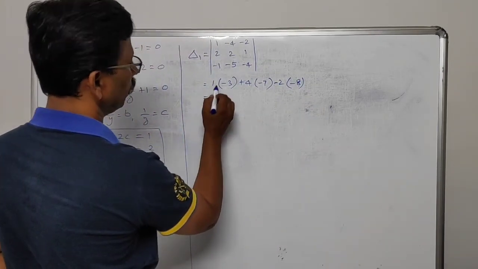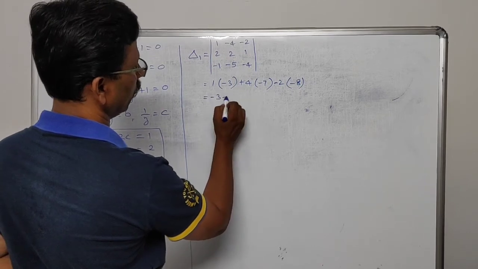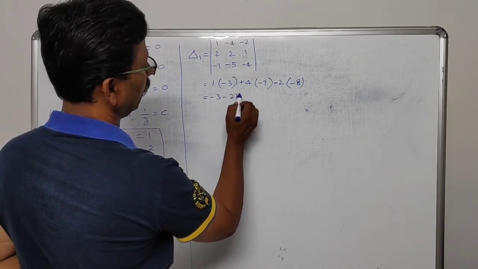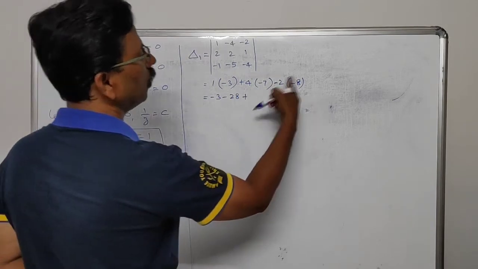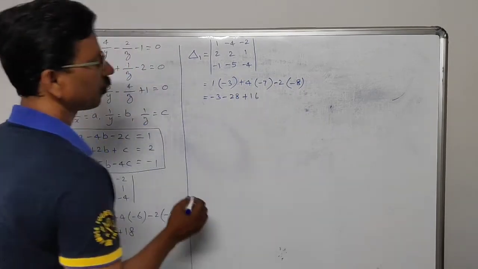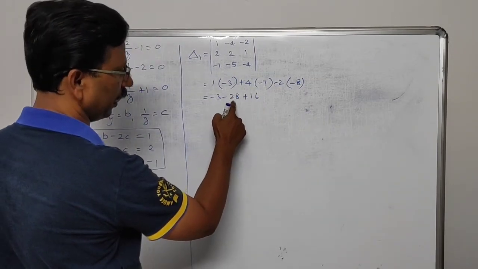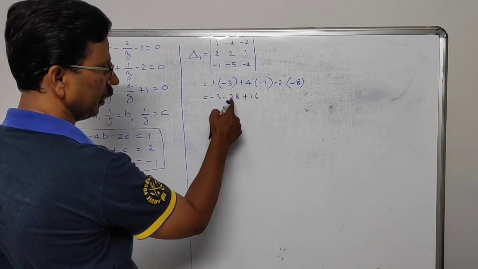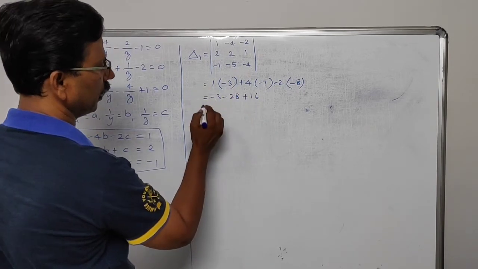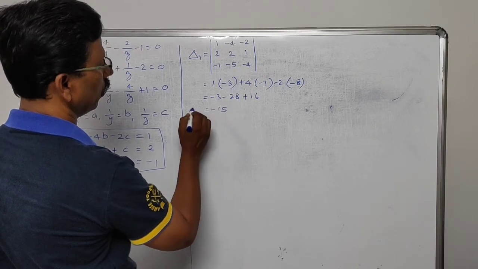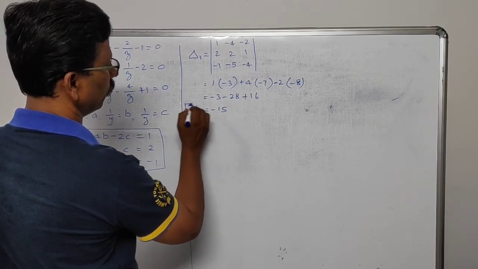Now which is equal to minus 3, minus 4 sevens are 28, then plus 2 eights are 16. Then minus 28 plus 16 minus 12, minus 3 gives minus 15. Delta 1 is equal to minus 15.